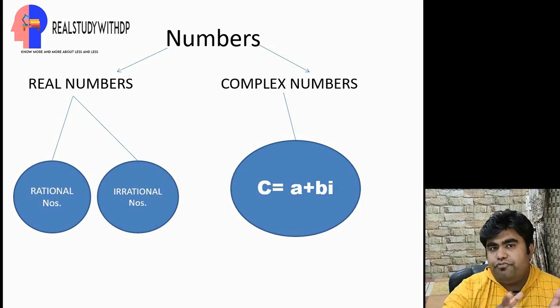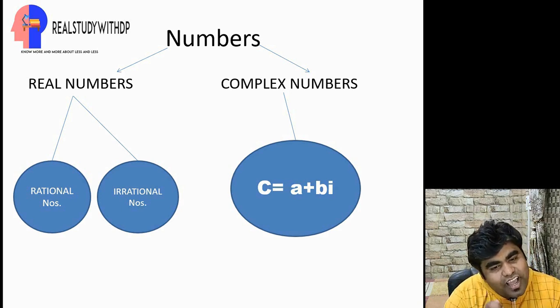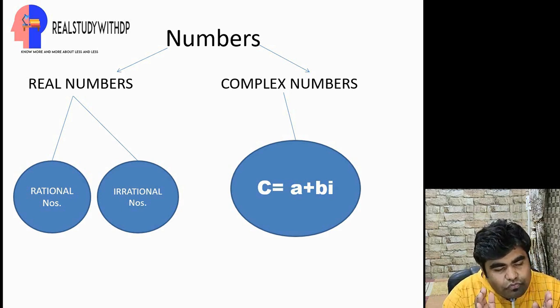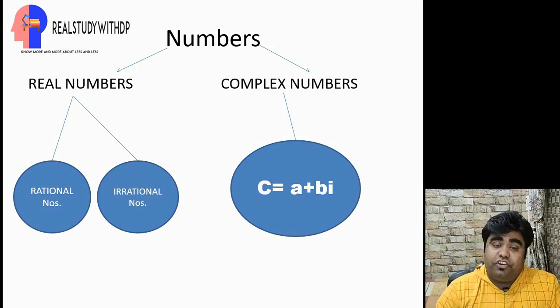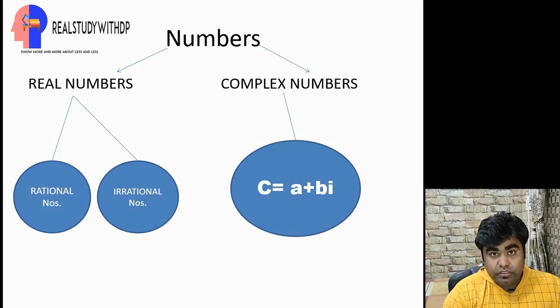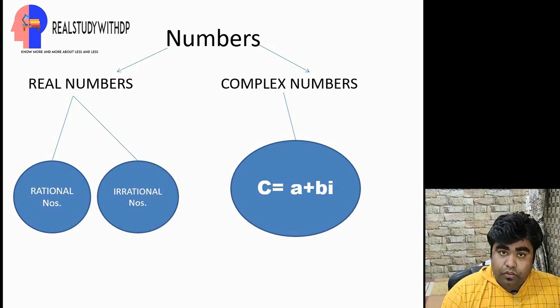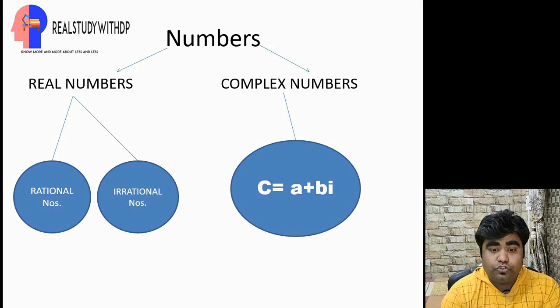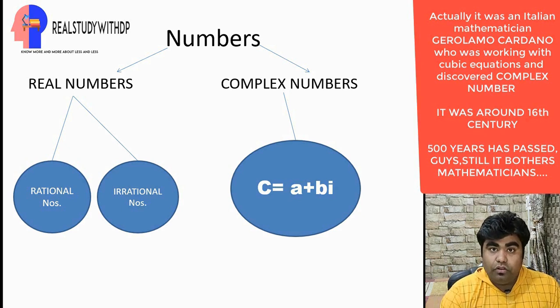Because in mathematics, if you look into the history of numbers, this iota is something which has literally annoyed great mathematicians. In fact, till today we have been unable to get the exact value of square root of -1.